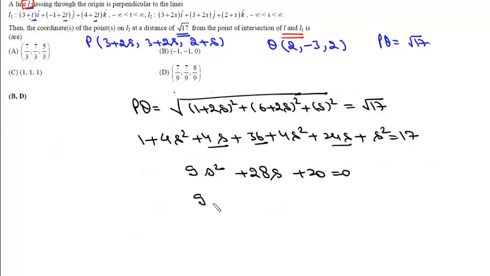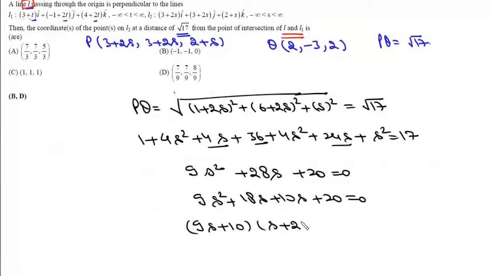Now this is 9s square plus 18s plus 10s plus 20 equals 0. So we'll get 9s plus 10 or s plus 2 equals 0. So either the value of s is minus 10 by 9 or the value of s is minus 2.